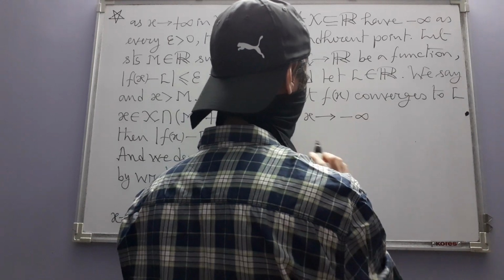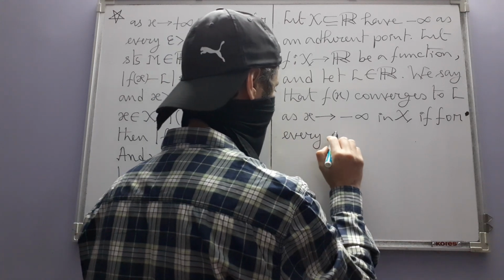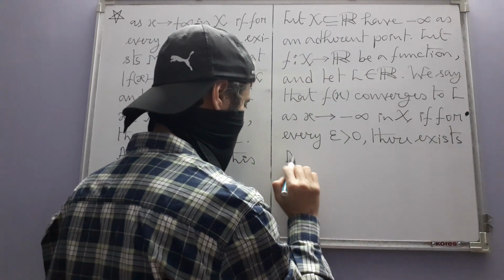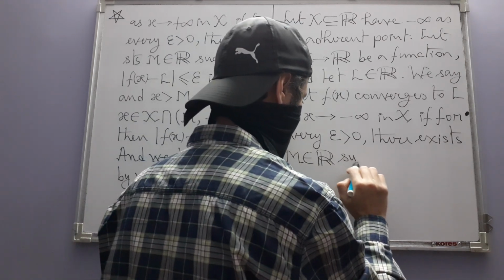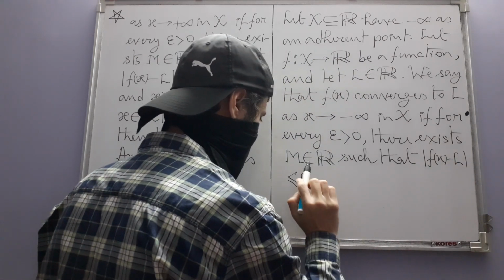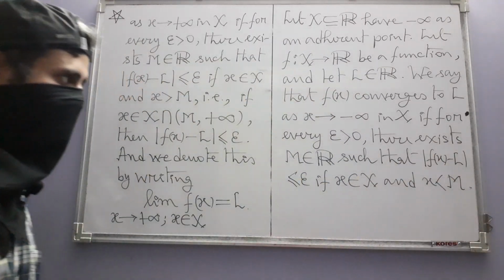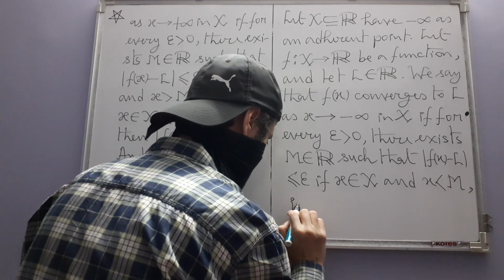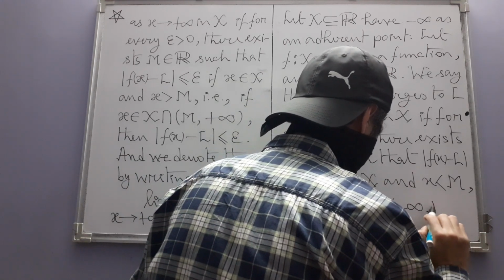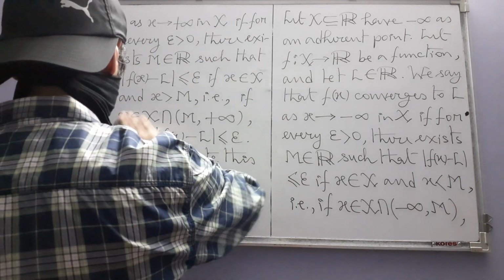As x tends to minus infinity in X, if for every epsilon greater than 0, there exists a real number m such that f(x) and L are epsilon close if x belongs to X and this time x is less than m, i.e., if x belongs to X intersection the open ray minus infinity comma m, then f(x) and L are epsilon close.